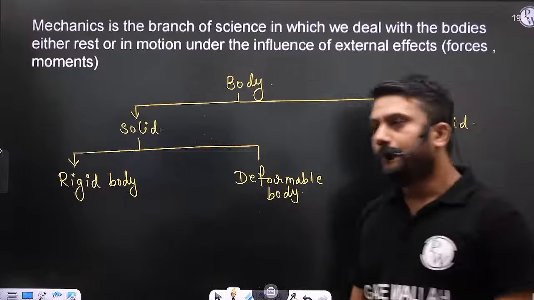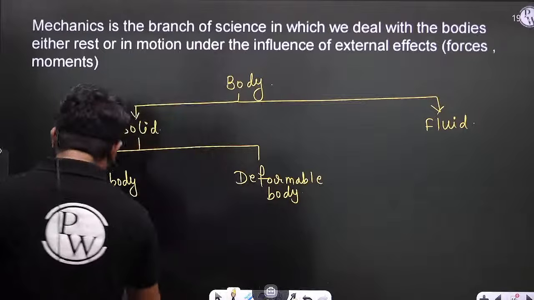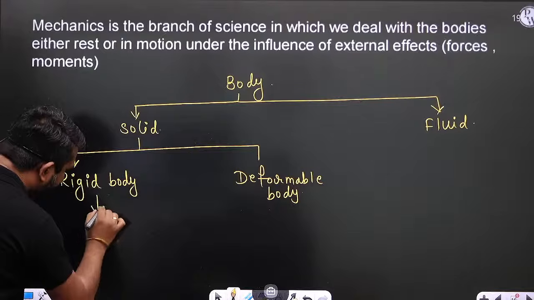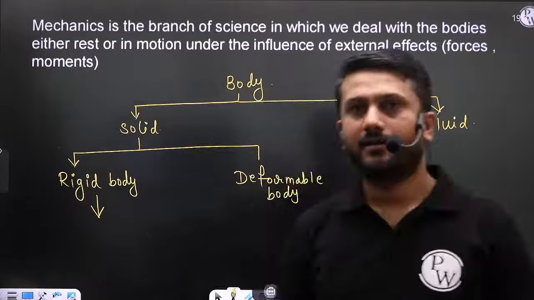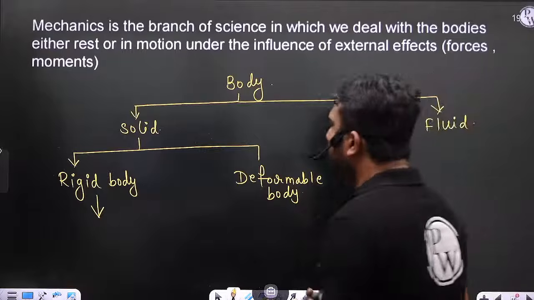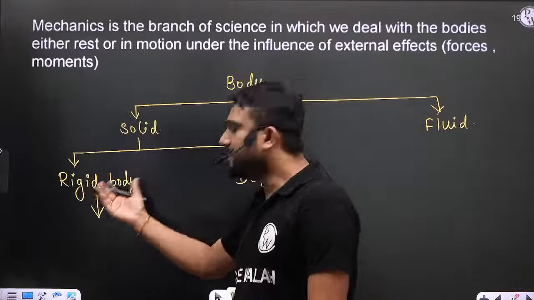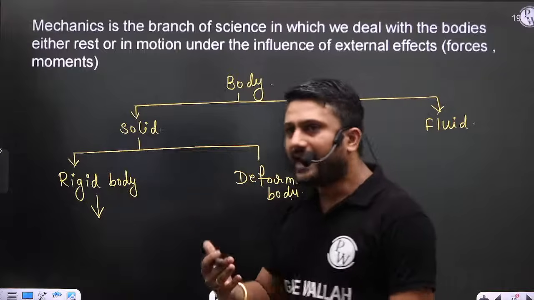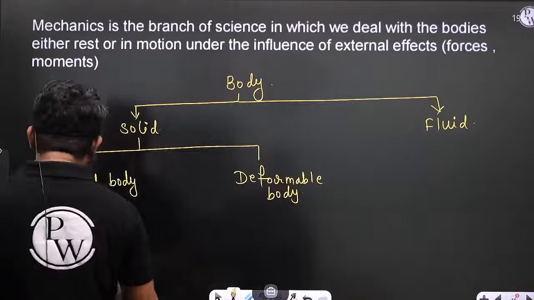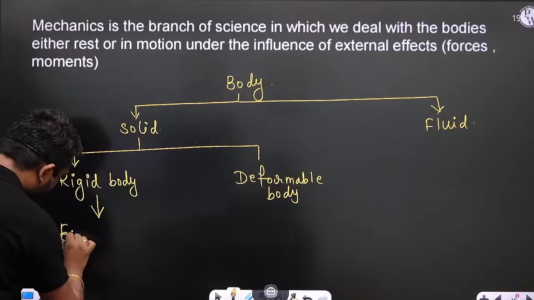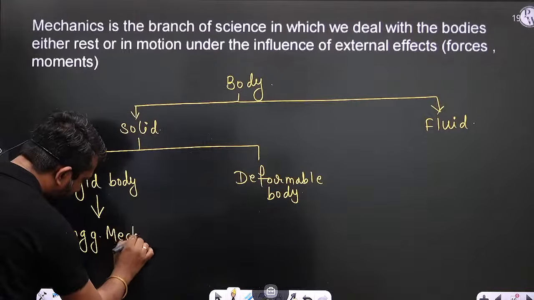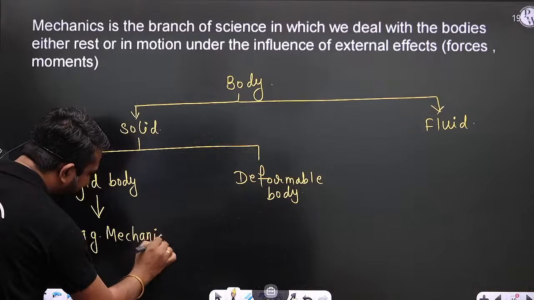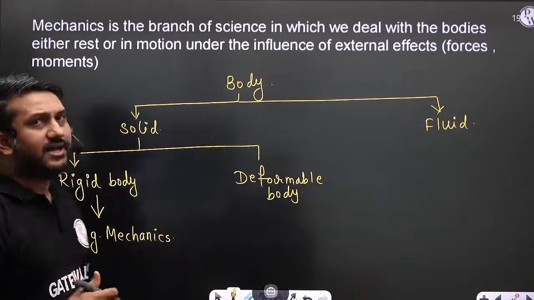Now if I am considering the rigid body in mechanics, again I am repeating, then that particular subject is known as engineering mechanics. So in engineering mechanics, we are dealing with the rigid body.